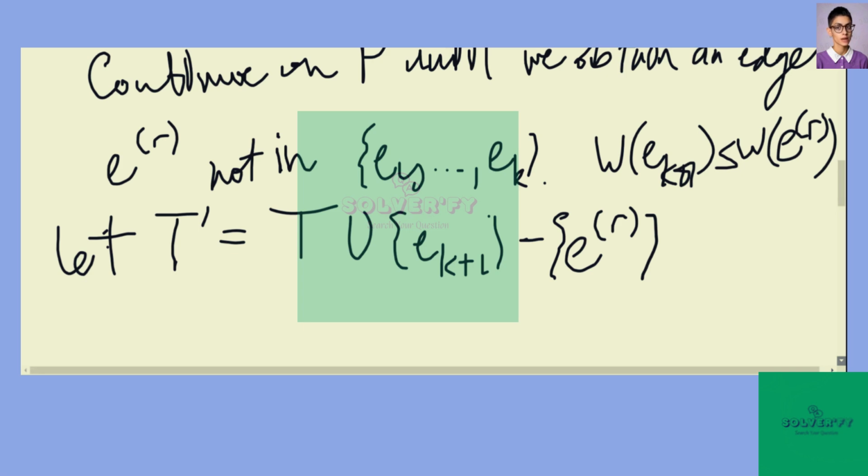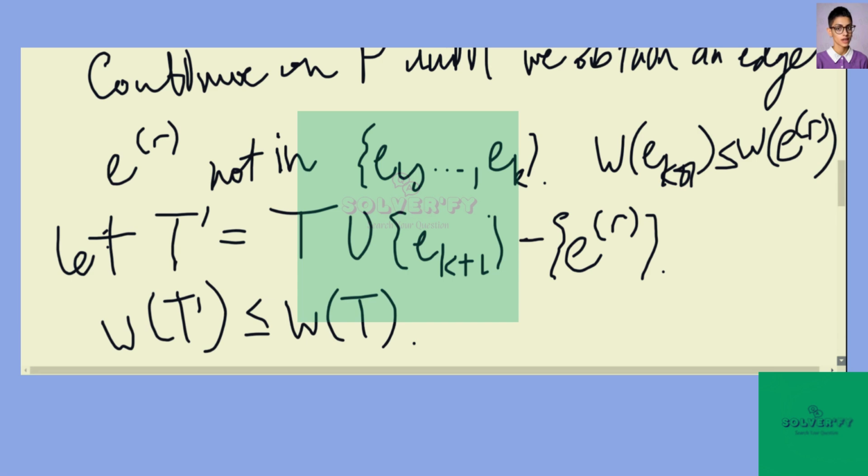Then we have clearly that the weight of T prime is less than or equal to the weight of T. And so T prime contains edges E1 through EK plus 1.